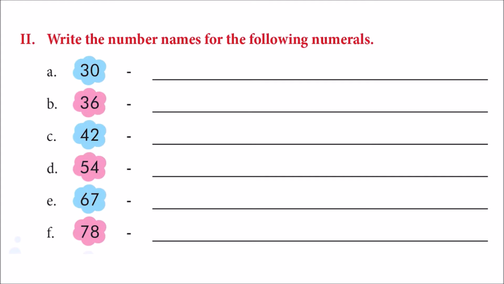Let's move on to the second exercise on page number 42 itself. Write the number names for the following numerals. So the numerals are given on your left side. Now you have to write the number names. Let's try an example. 30. How do you write 30?